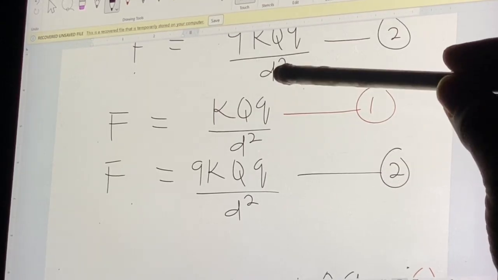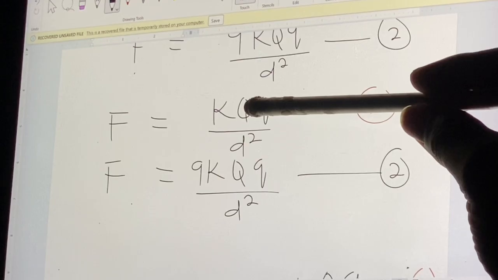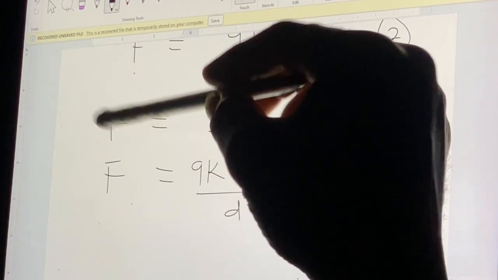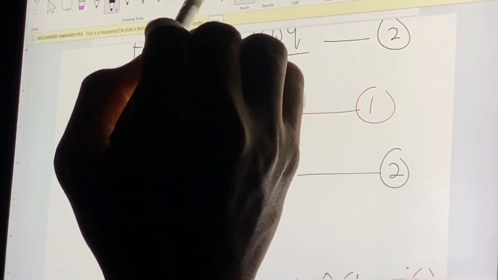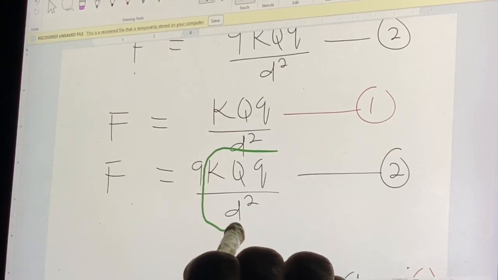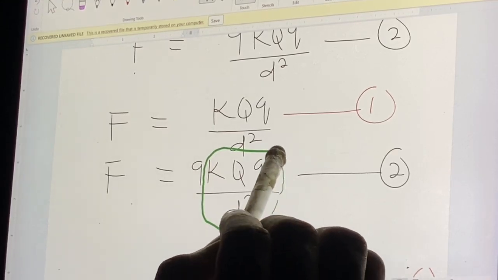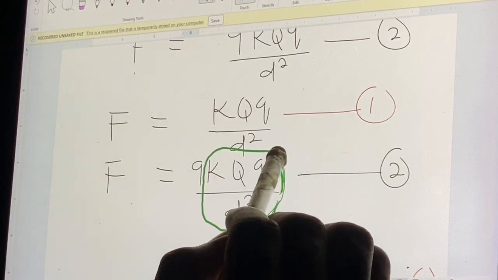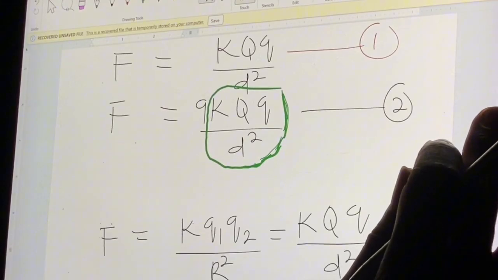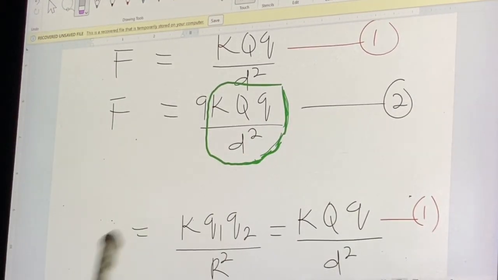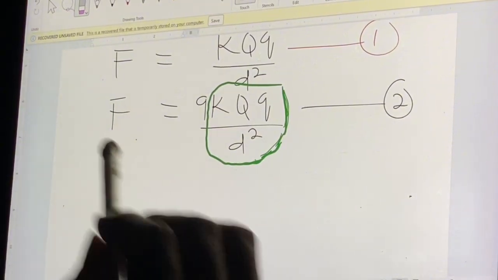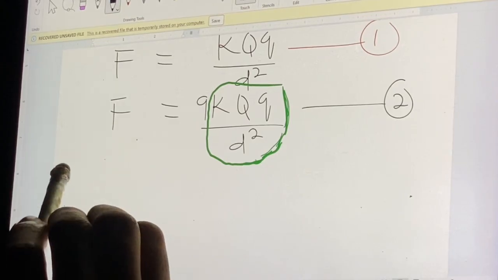It means that wherever you see K capital Q small letter q over d square, you replace that as F. So from here, we have this to be F. It means putting equation 1 into equation 2.